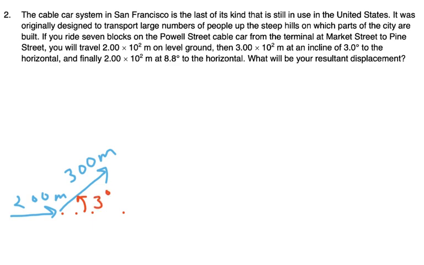And then it goes up another hill. And the displacement on the second hill is 200 meters. And the angle for the second hill is 8.8 degrees.